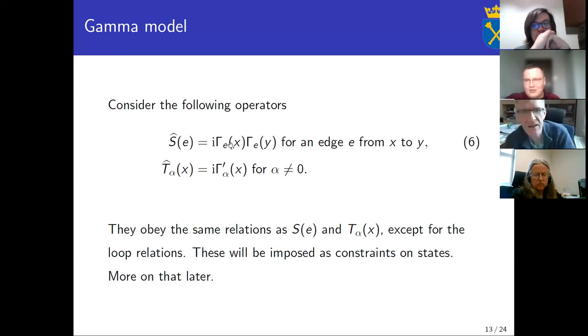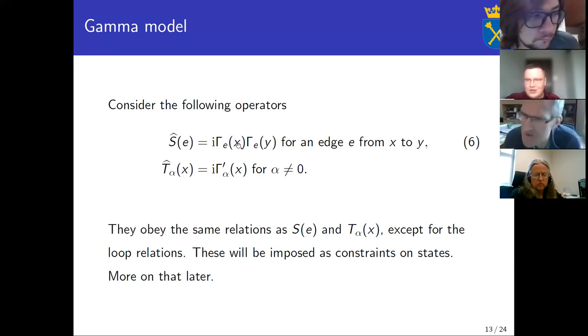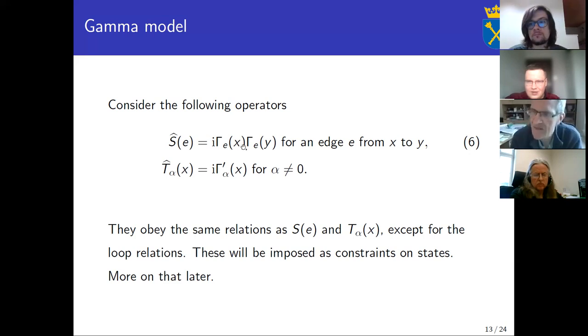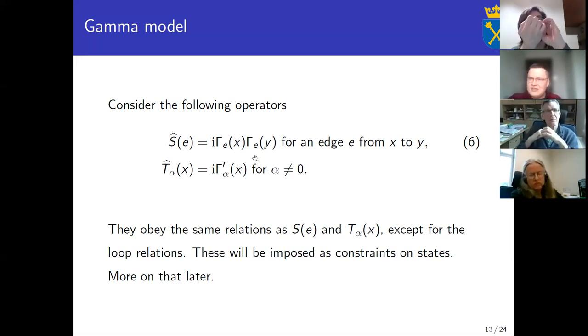But the prime is not on gamma, but on E. If I'm taking gamma E1 with gamma E2, that's what will appear. And so in such a loop, you will also find gamma E of X times gamma E of Y, but gamma E of X and gamma E of Y are different. So it just doesn't cancel. There will be different gamma matrices, and they don't cancel. But if you compute this product on every side, there will be some even number of these gamma matrices.